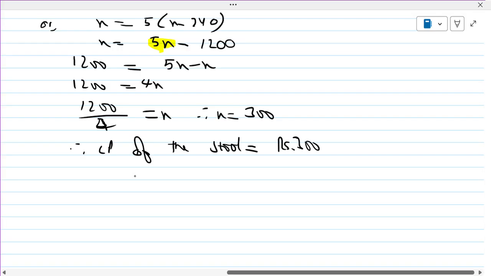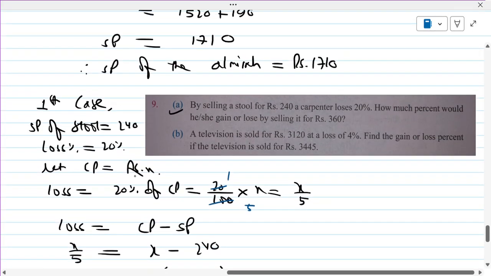And now let's go for the second case. In the second case, we have already found the cost price, rupees 300, and now we are asked to find whether there is profit or loss, and its percentage, if the carpenter sells that stool for rupees 360.